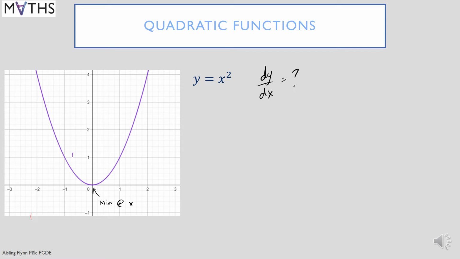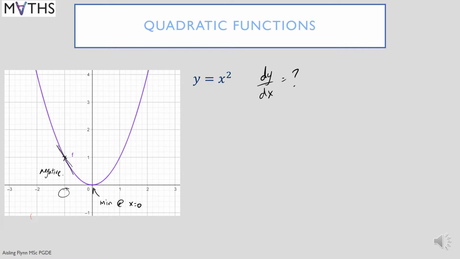It's minimum at x equals 0. What is the slope, let's say, at this point here when x is minus 1? To do that, we would be looking at perhaps a tangent. Well, that's not a tangent. What is the slope of it? Now, we can guess there, but in a moment we're going to mathematically find it. What can we say for now? That it is a negative slope.